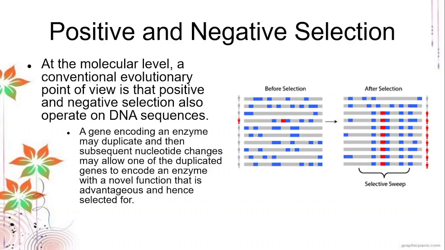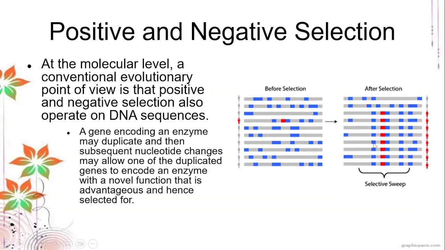But anyway, here are the positive and the negative selection. Again, you have this population, and each of us has a slightly different variation in our genomes. If that particular variation gives you a selective advantage in survival, then you have a positive selection.